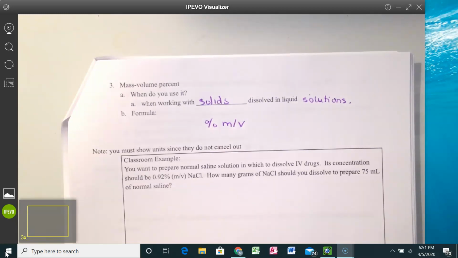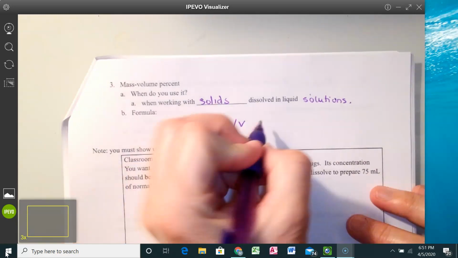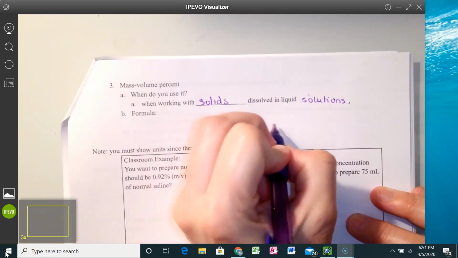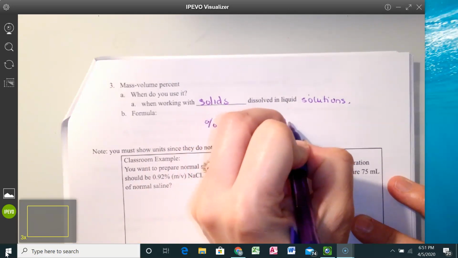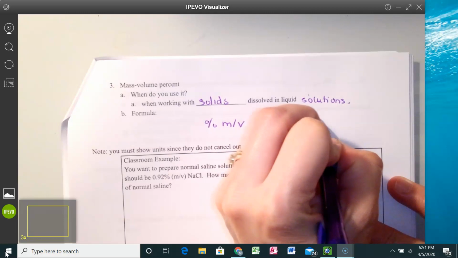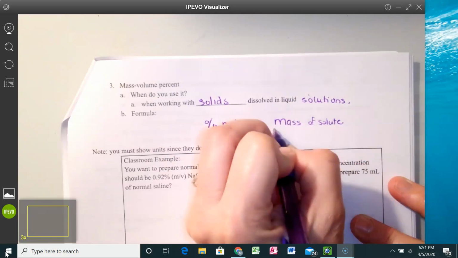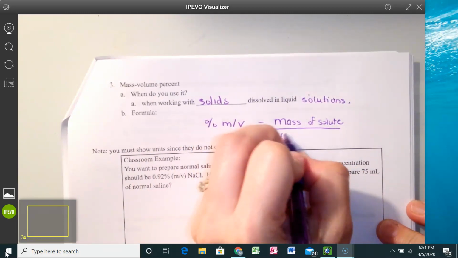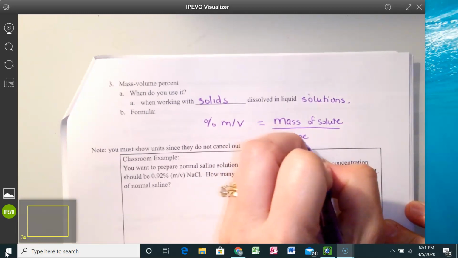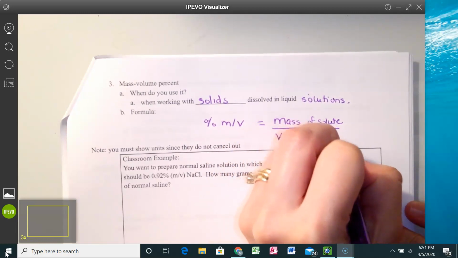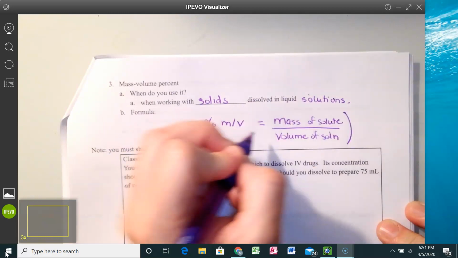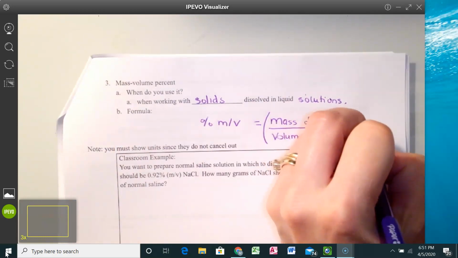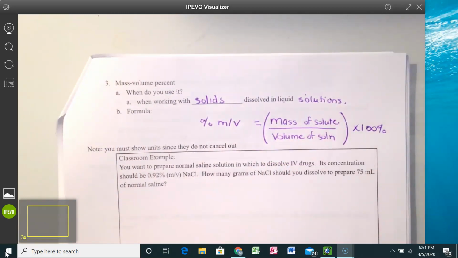So that's all one thing, one number, is equal to the mass of my solute divided by the volume of my solution. I'm going to abbreviate that to give myself room, multiplied by 100%.